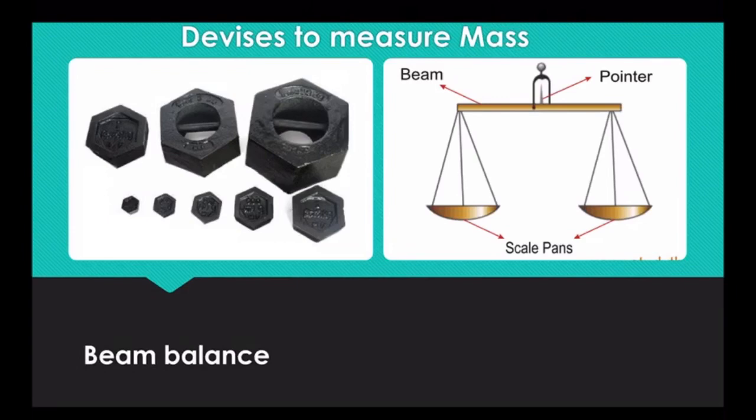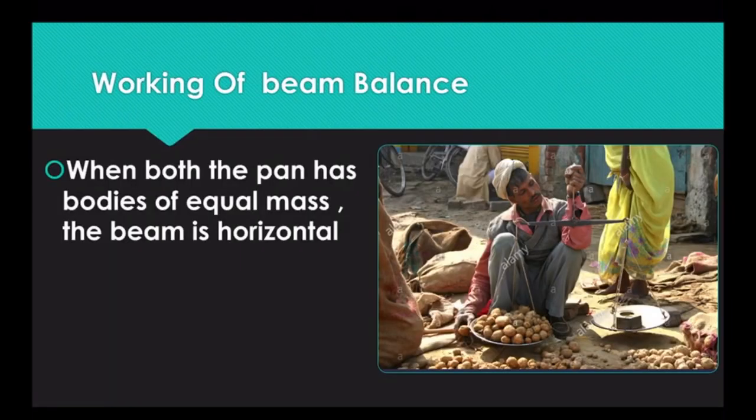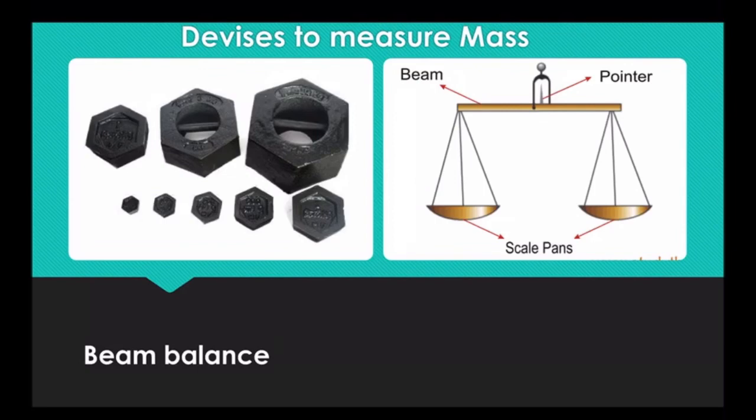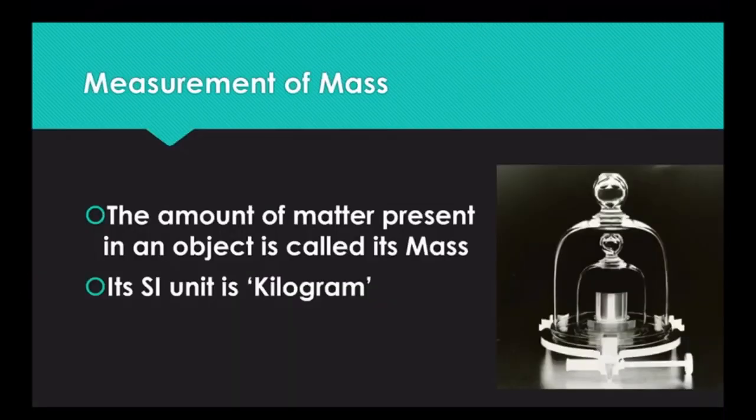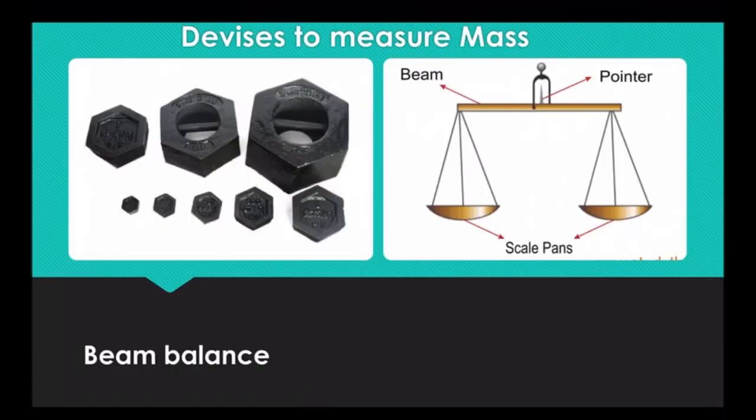Now, the device that we use to measure mass is a beam balance. Now, what is a beam balance? You see, a beam balance is the simplest known instrument to measure mass. And to measure the mass with a beam balance, we use standard weights.